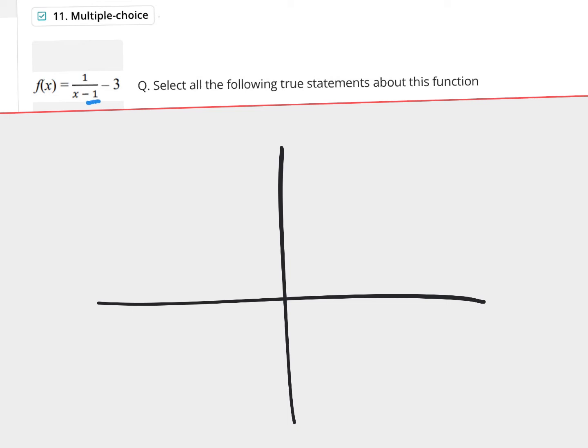So if I go to the x value of +1 and draw my vertical asymptote right through there, and then I go to my horizontal asymptote, which is my k value. My k value is what? -3. So if I go down to -1, 2, 3, this will be my horizontal asymptote, y equals -3.